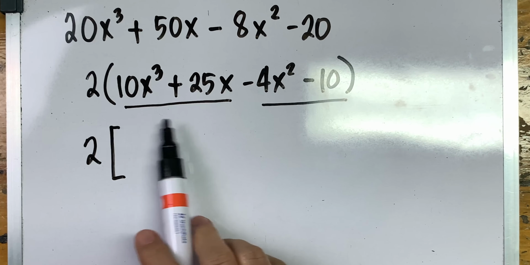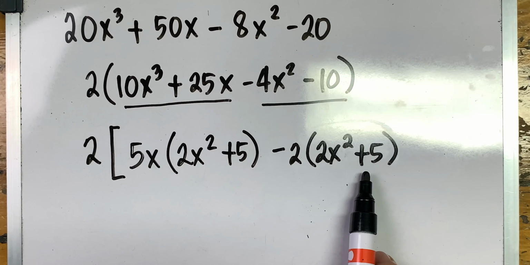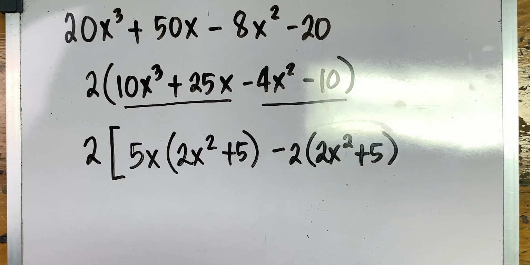Okay, for the second group, we have to get the GCF. In this case, it's 2. But since there's a negative sign there, we'll have to put negative 2. And then what is left is just 2x squared plus 5. Why 5? Because negative 2 times positive 5 will give us a negative 10.